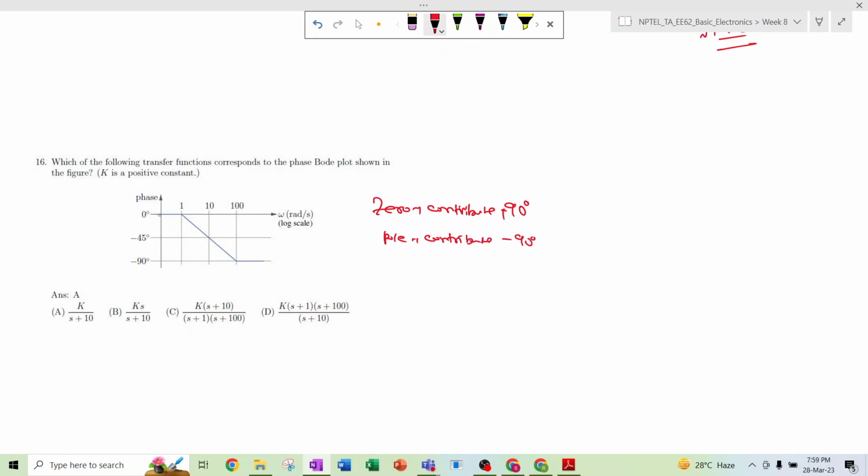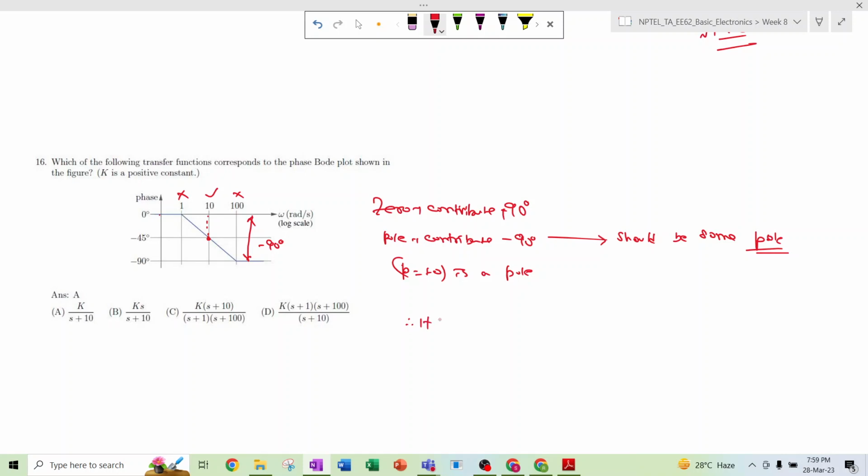So it was earlier 0 degrees, so there is no pole or no zero, but here the phase shift is total minus 90 degrees, so there should be some pole. And as I have discussed earlier also, at the particular pole point the phase shift will be 45 degrees, right? So this will not be a pole, this will not be a pole, but this will be a pole. So p equal to 10 is a pole.